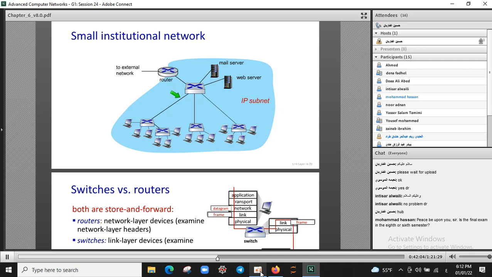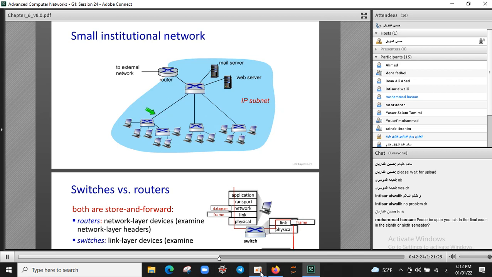So I have a university. This university has a core switch. This core switch is connected to server rooms, for example, to the mail server, to web server, to Golestan server, or something like that. Okay.